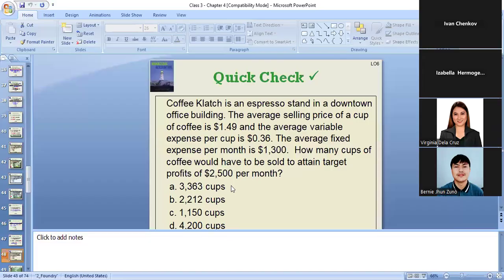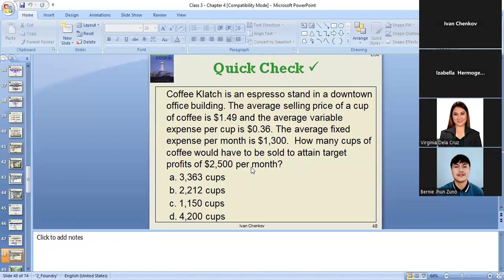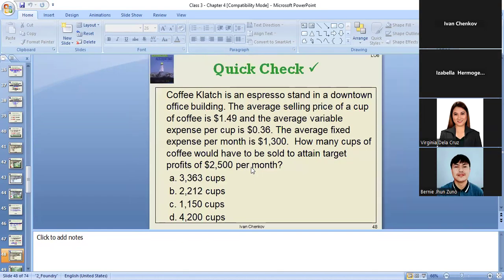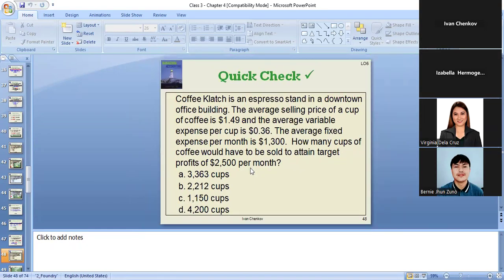So let's go back to our slides. For the number of cups, obviously we need to sell 3,363 cups in order to achieve that target income of $2,500.